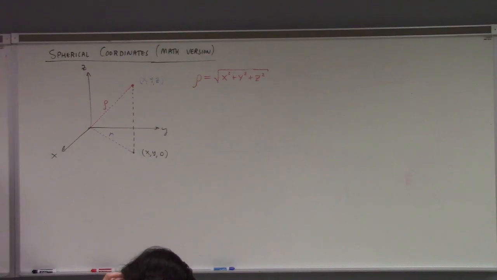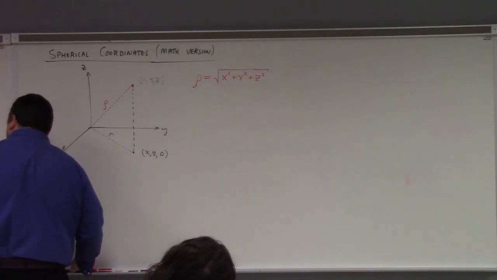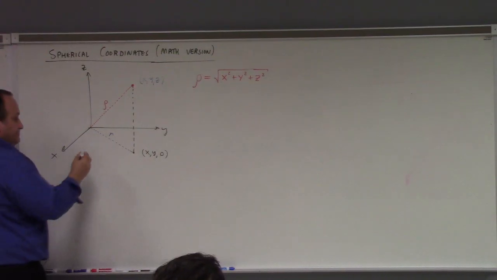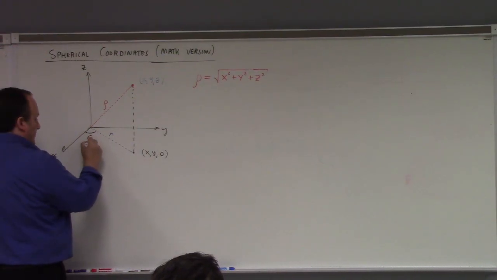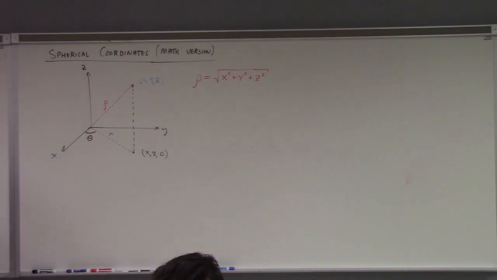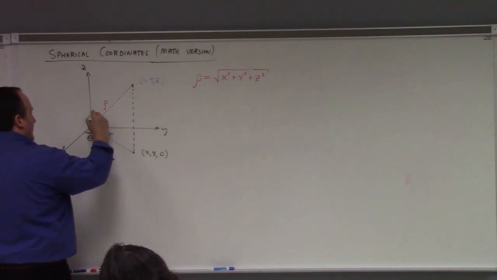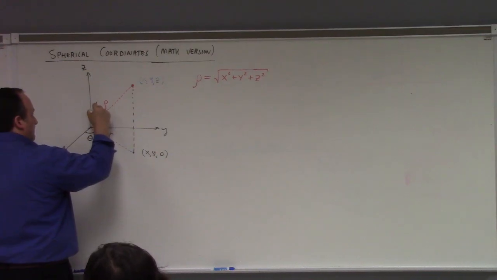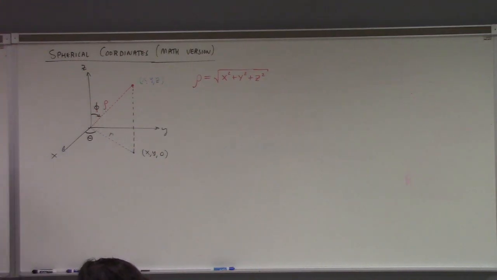There are two angles in spherical coordinates. Those two angles are theta, which we already know, the angle from polar coordinates, and then the angle from the positive z-axis down here, which we'll call phi. Sometimes phi is referred to as the polar angle because it's measured off the pole.